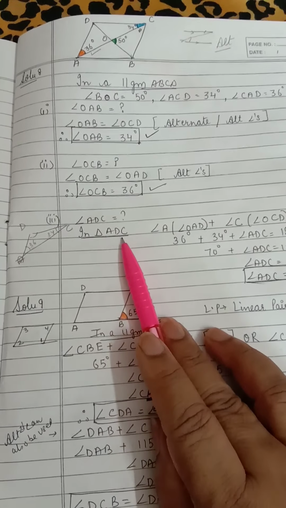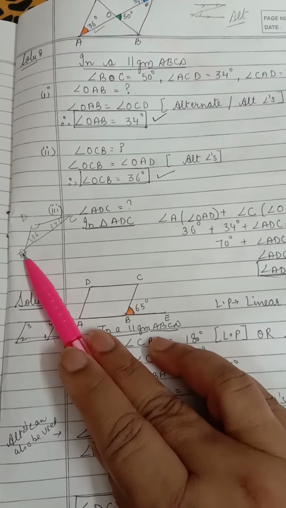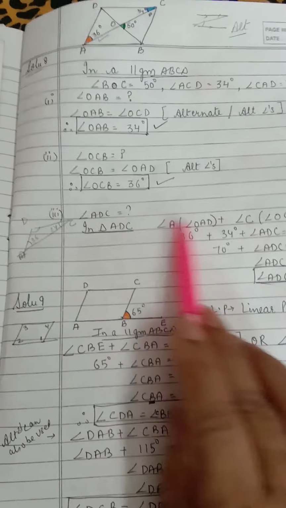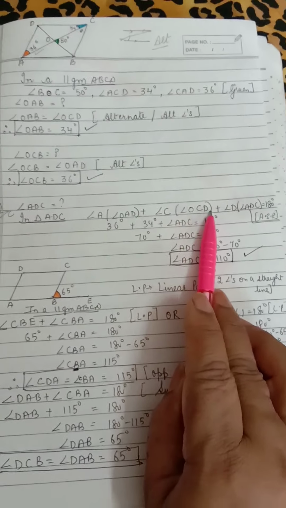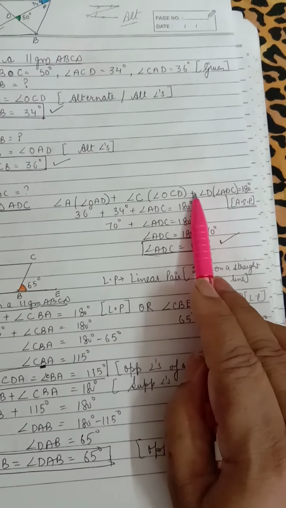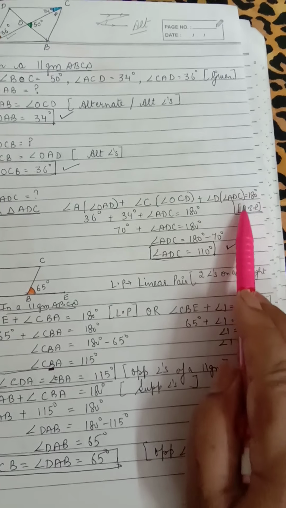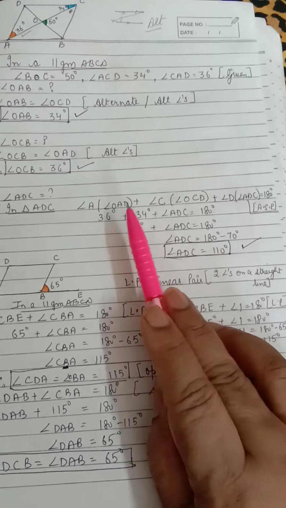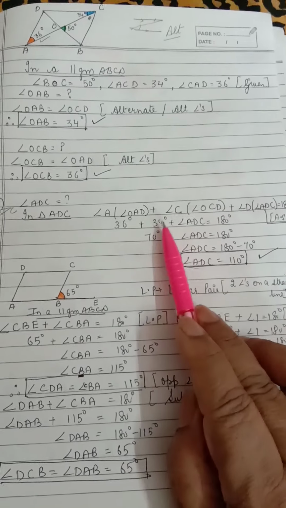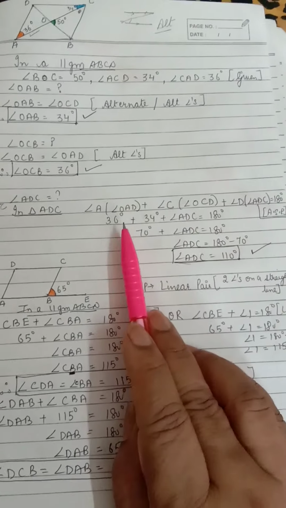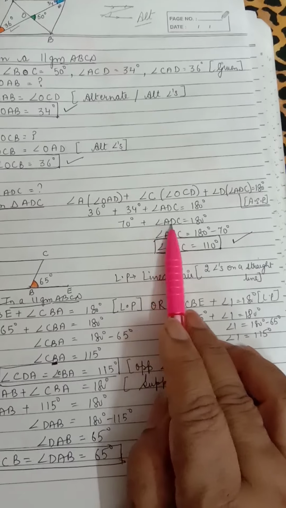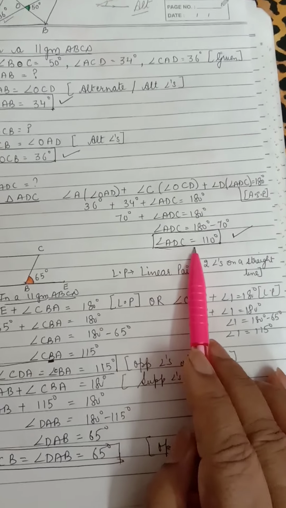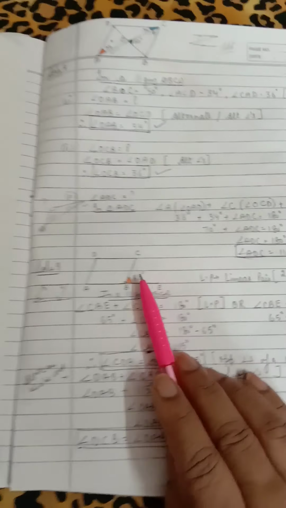So in triangle ADC, angle A, which can also be written as angle OAD, plus angle C, which can also be written as angle OCD, plus angle D, which is angle ADC, is equal to 180 degrees, because the sum of the three angles of a triangle is always 180. That is the angle sum property. This is 36, this is 34, and this is the unknown angle. 36 plus 34 is 70 degrees, plus ADC equals 180. Taking 70 to the other side becomes minus 70. So angle ADC is equal to 110 degrees.